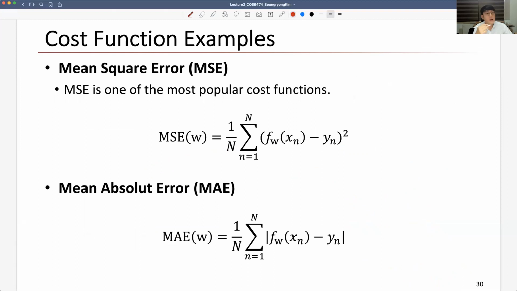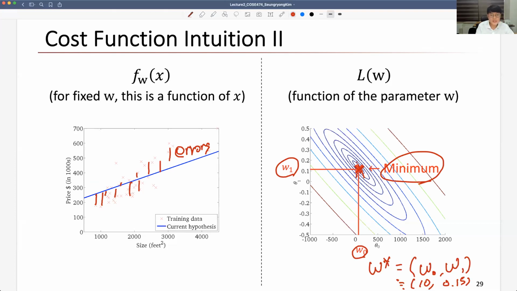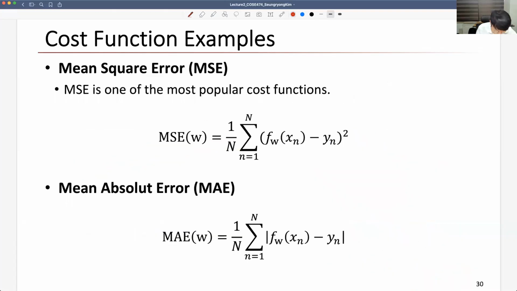we can think about a few possible cost functions. In the previous examples, we just considered the mean square error, which is defined something like this. Yn is the ground truth output value, and Fw of Xn is the estimated one, right?